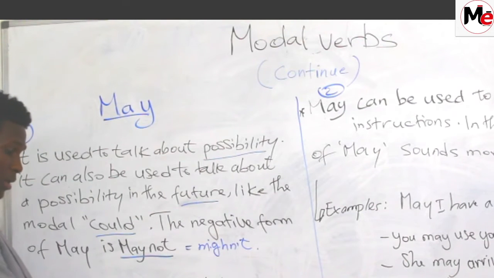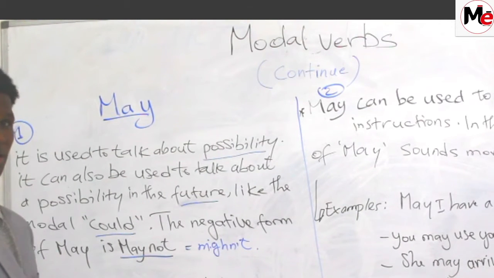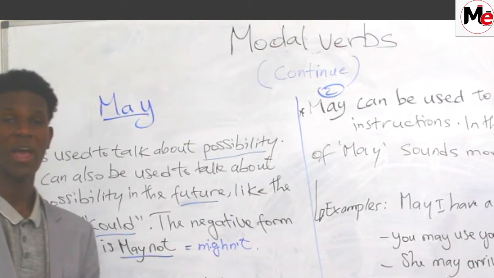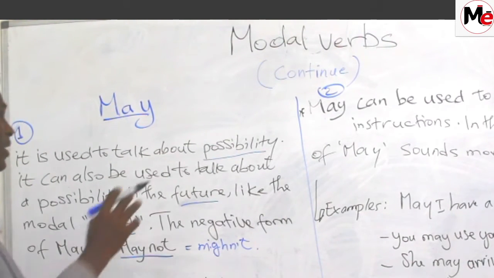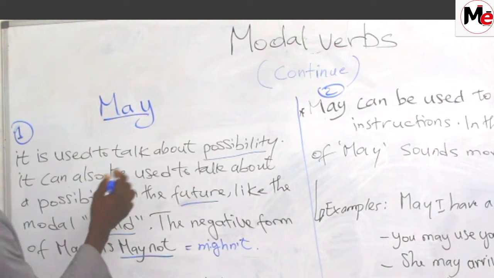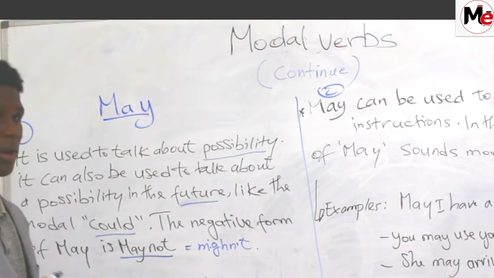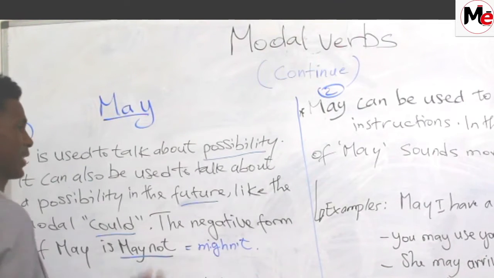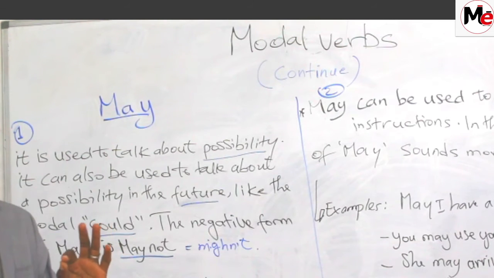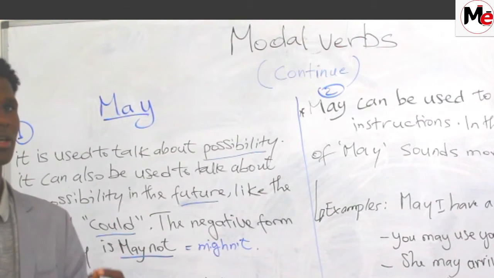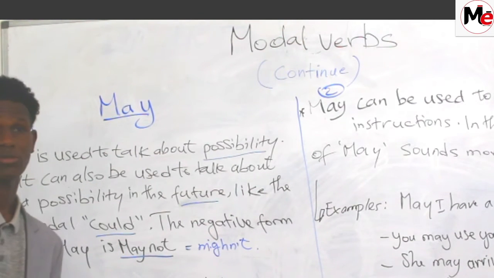Emma may want to have a drink now. She may want to have a drink. She may not want to have a drink. This is just a possibility. So may is used to talk about possibility, something that can happen. It has a chance to happen, and it might also not happen.